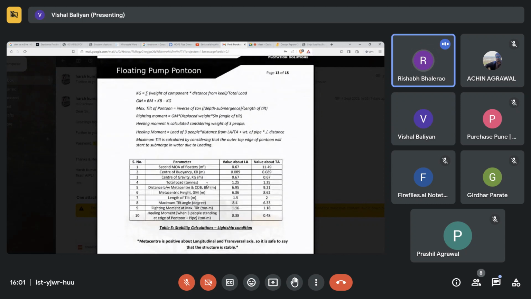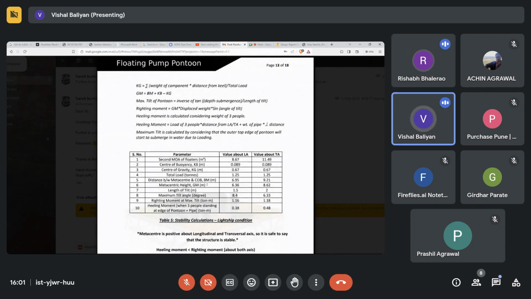The maximum tilt angle is the maximum allowed tilt angle when the top of the deck is immersed. So when we have lesser draft, this angle will increase. It is just tan theta of half of the breadth over the freeboard. So as the freeboard increases, this angle of tilt will increase.